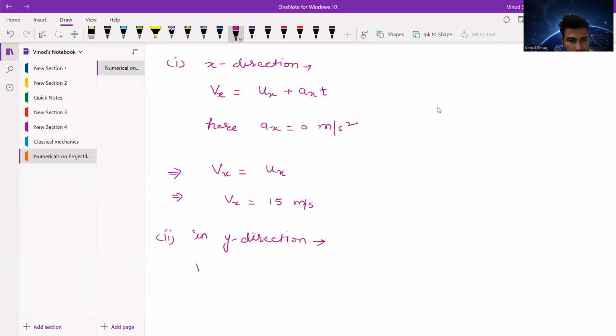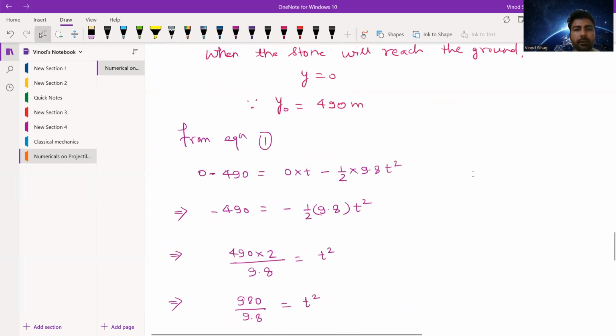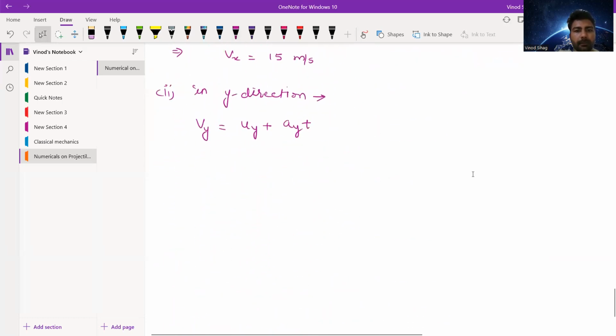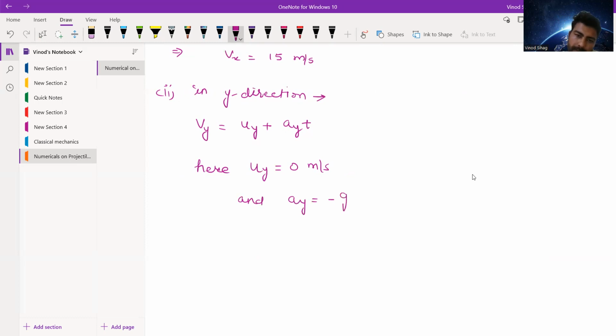Now in y direction, the equation will be vy equals uy plus ay into t. Now, as we already know that here uy is 0 and ay is minus g. So that's why here uy is 0 meter per second, and ay is nothing but minus g, or we can say minus 9.8 meter per second square.